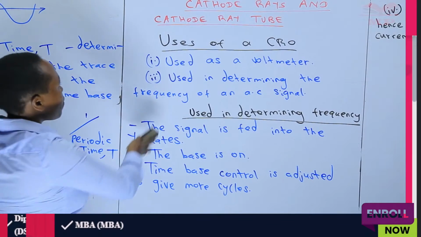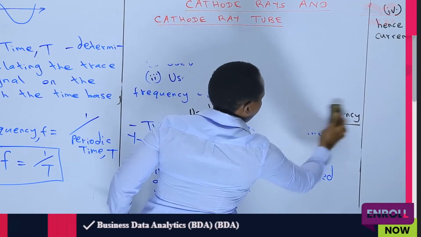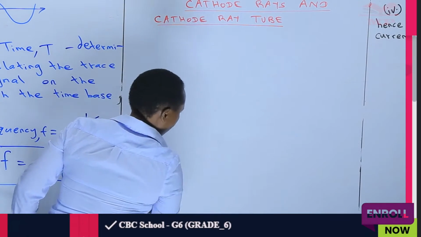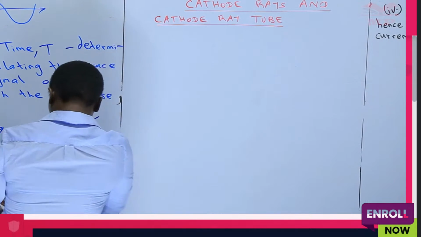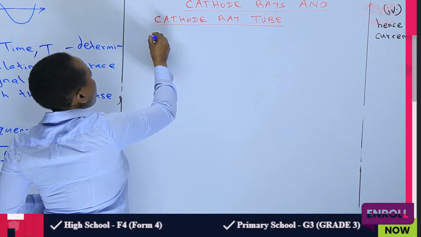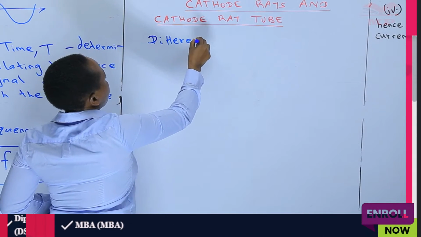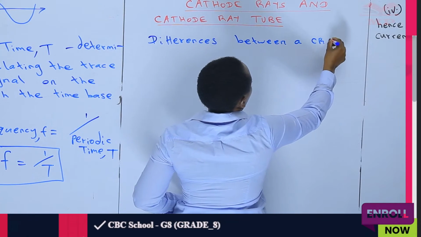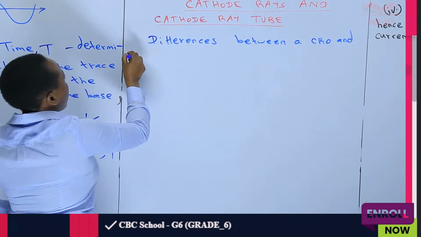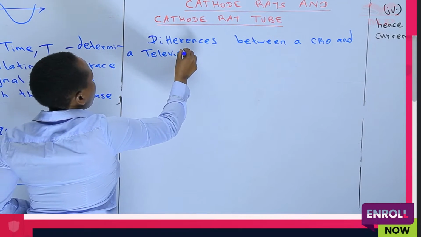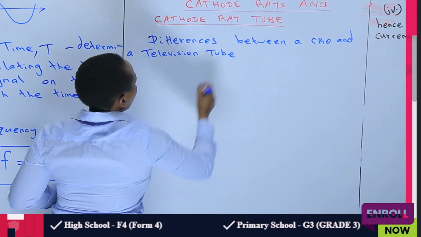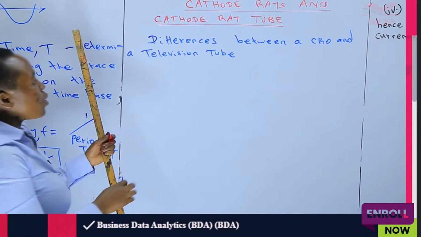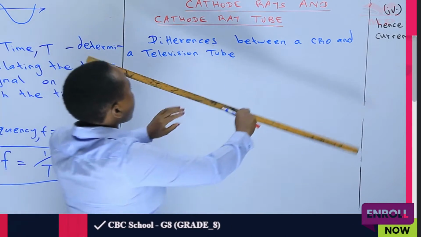So what are the differences between the two? Differences between a cathode ray oscilloscope and a TV tube.